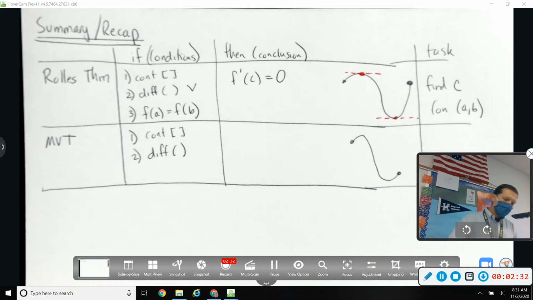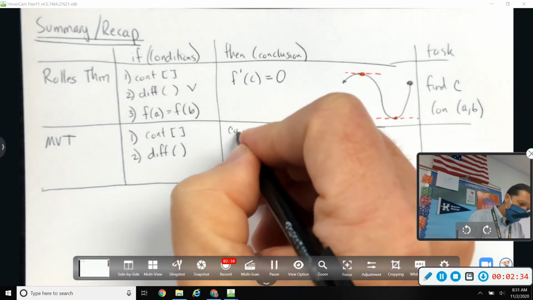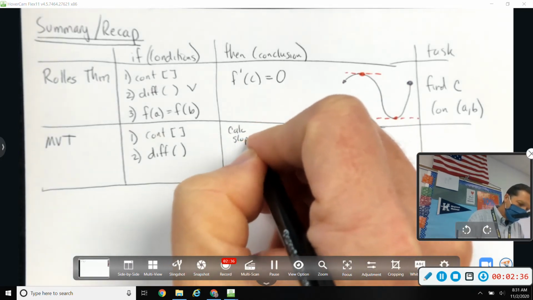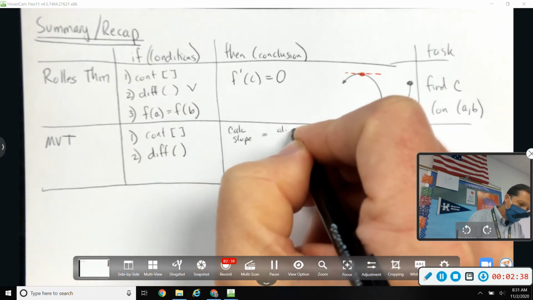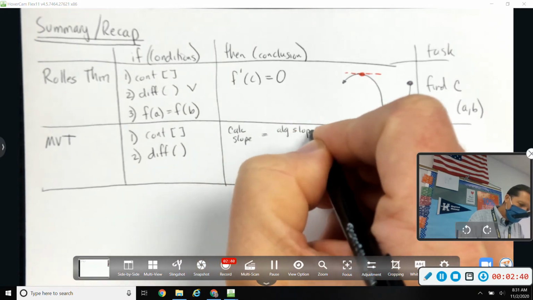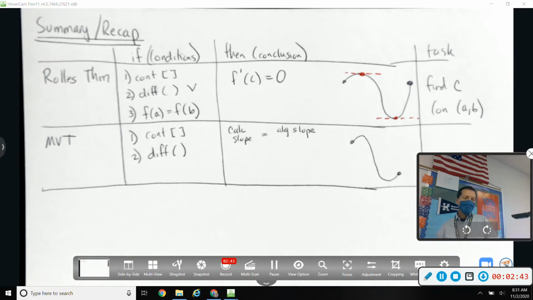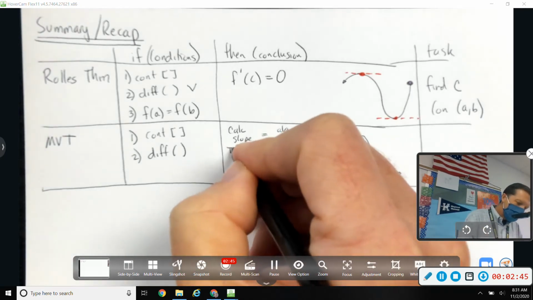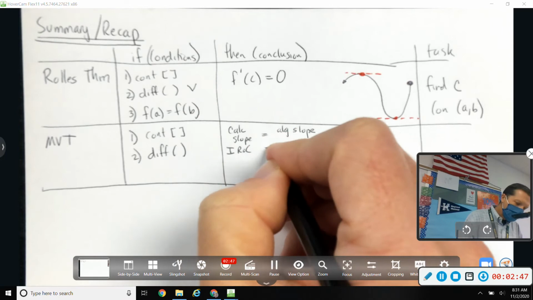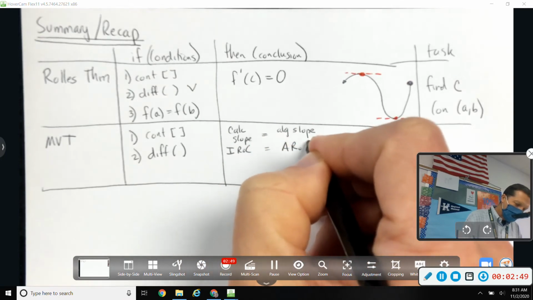Our conclusion in words is that the calculus slope equals the algebra slope. The instant rate of change equals the average rate of change.